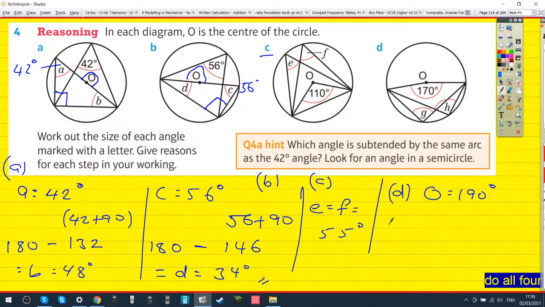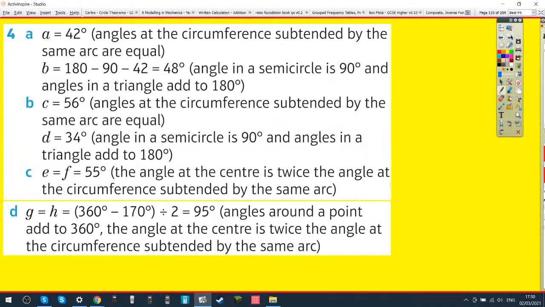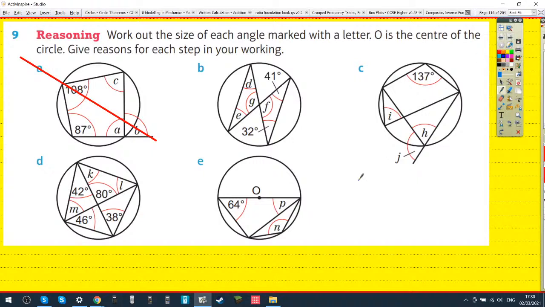That's it. And so G and H are 95 degrees. That's great. Okay, let's see. Alright, let's try question B. Question B? Yeah, you could do E if you want.